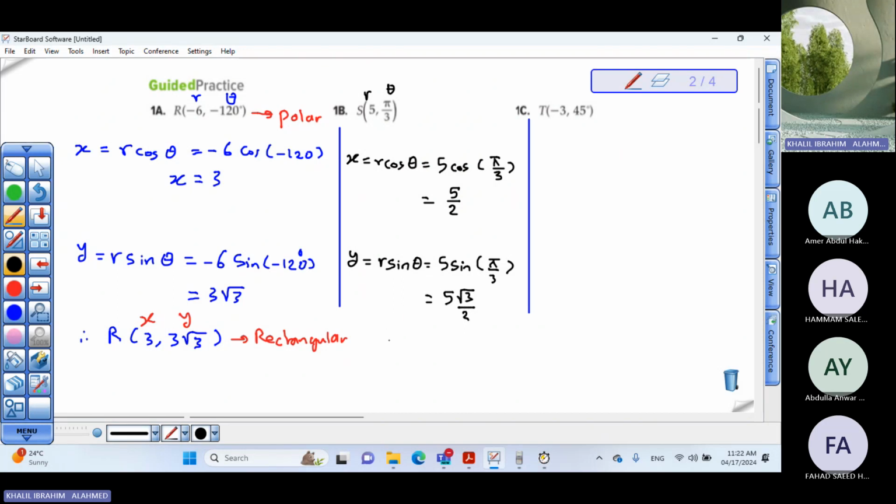We can write finally the x and y coordinates: 5 over 2, 5 radical 3 over 2.